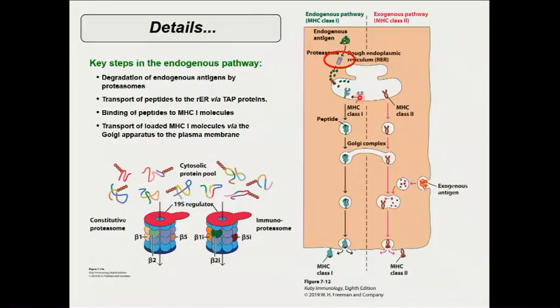They're basically rubbish. And then the rubbish is picked up by proteasomes, and here we have the depiction of a proteasome, and they chop the protein into little pieces, and these little pieces are then transported by TAP proteins into the ER, where they find their way onto the class 1 molecules.